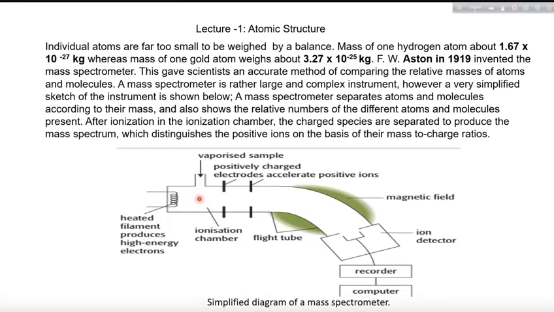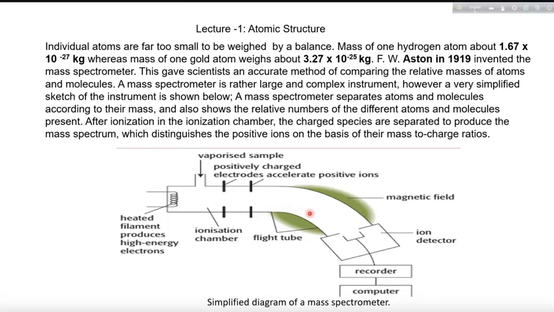When we ionize it, it becomes a positively charged, vaporized atom. We then accelerate these positively charged atoms, and then we have a magnetic field.